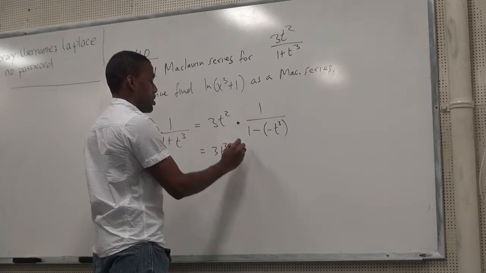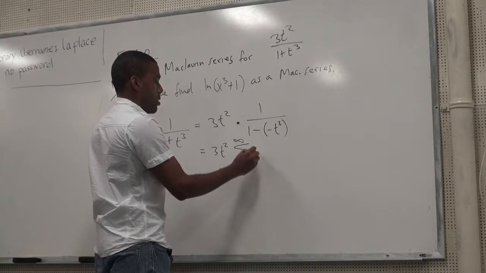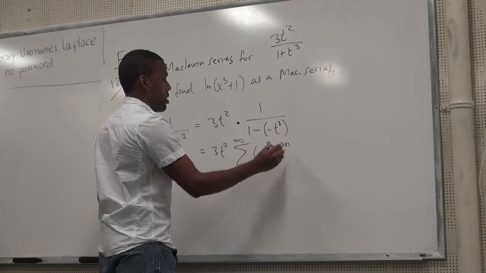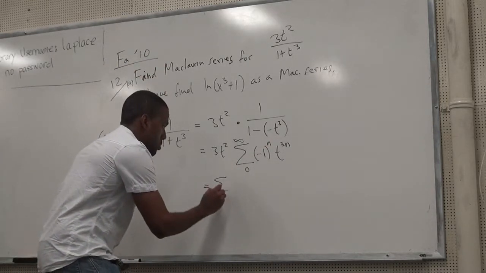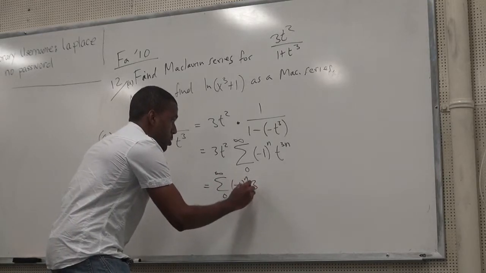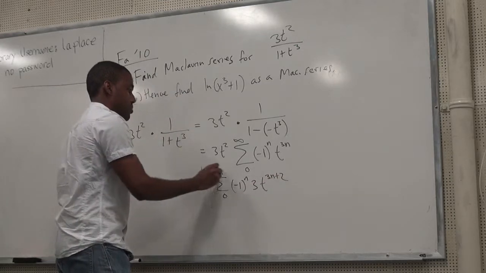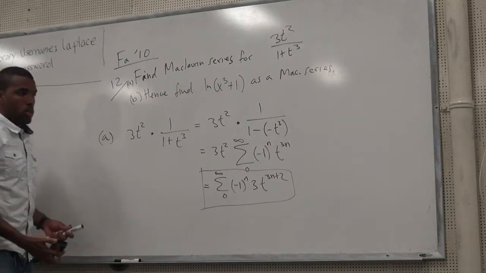So this is t squared times the sum from 0 to infinity of (minus 1) to the n, t to the 3n, which is the sum from 0 to infinity of (minus 1) to the n, t to the 3n plus 2. So that's a Maclaurin series for you.